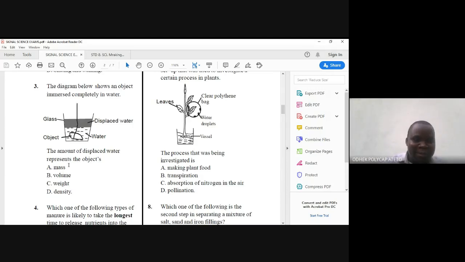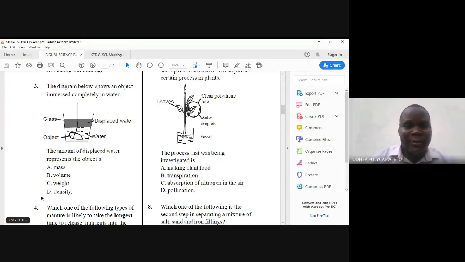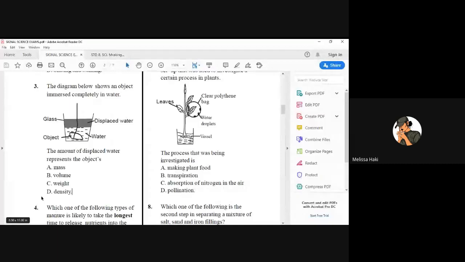It cannot represent mass because mass is the quantity of matter in a substance. It can also not be density because to calculate density we use the volume and mass. So automatically the answer becomes volume. Melissa, understood?